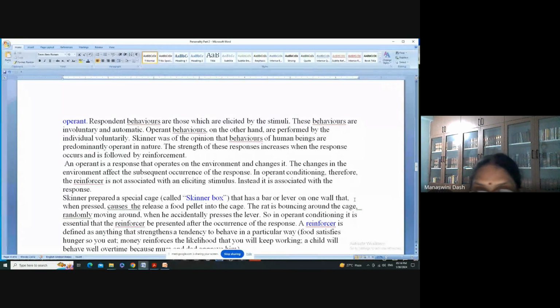That is the reinforcement. So in operant conditioning, it is essential that the reinforcer be presented after the occurrence of the response.